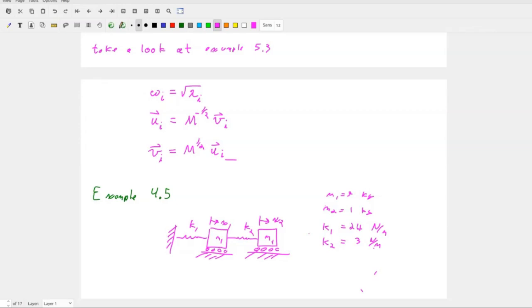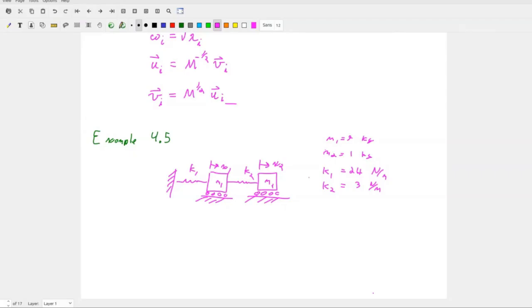And then we have some initial conditions, right? Everybody needs initial conditions. X10 is equal to 1 millimeter. V10 is equal to 0 millimeters per second.